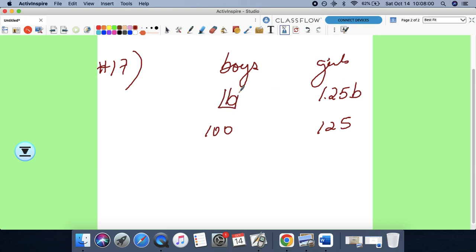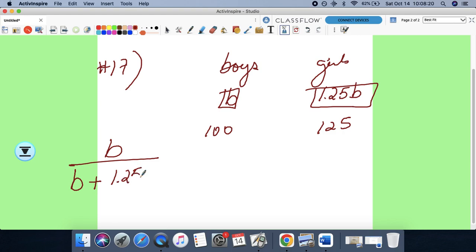So that expression represents the number of girls. We want to know the percentage of boys in the school, right? So to find the percentage of the boys, it would be the number of boys over the total population. Well, the total population is made up of all the boys, which is represented by B, plus 1.25B.